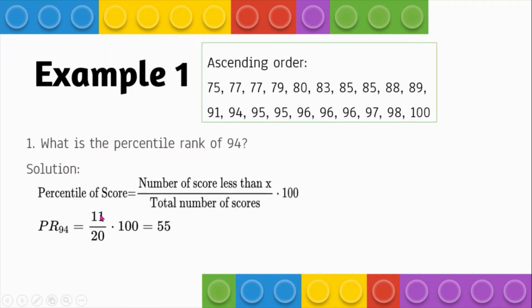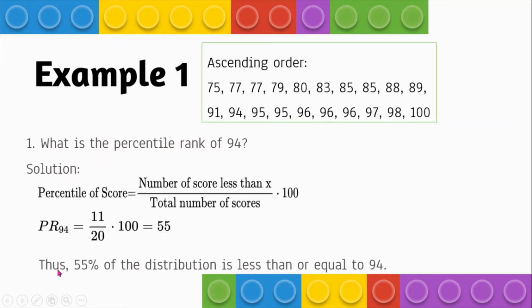So that's why it's 11 over 20, the total number of scores, which is 1 to 20, times 100, and that is 55. So the percentile rank of 94 is 55.